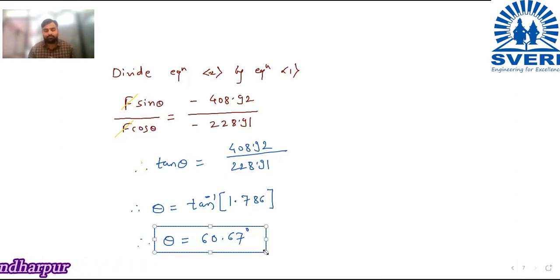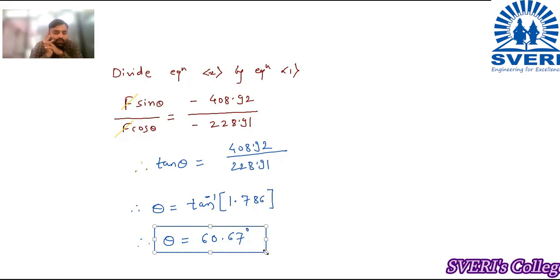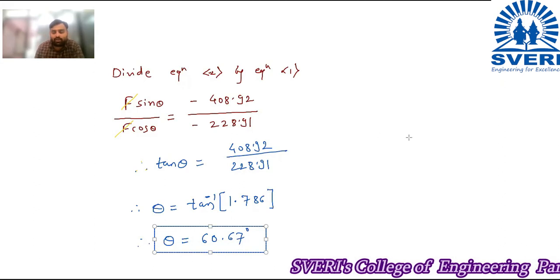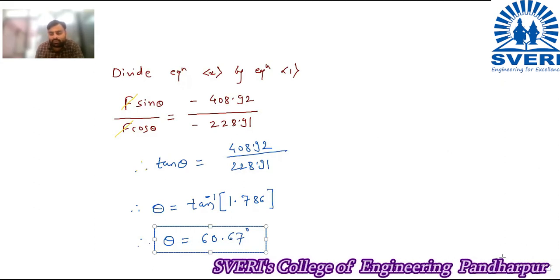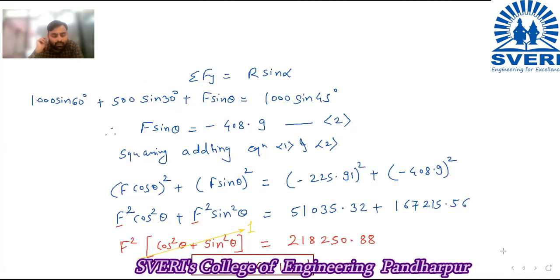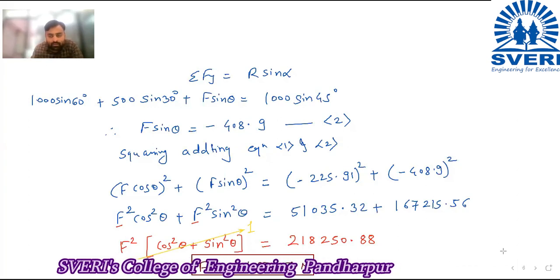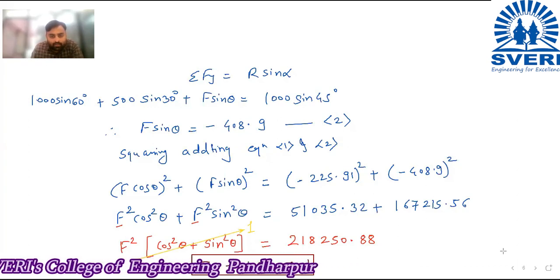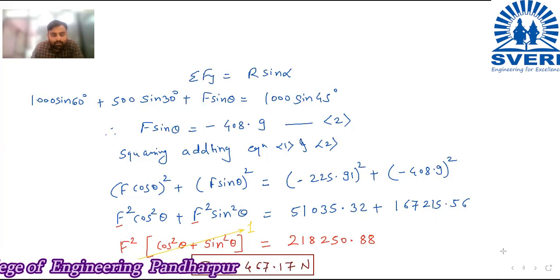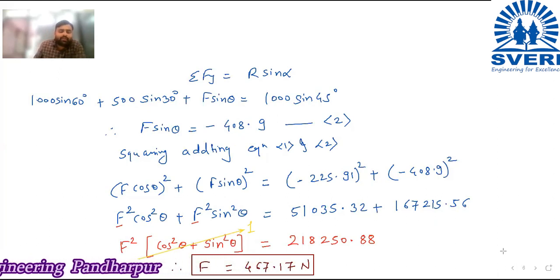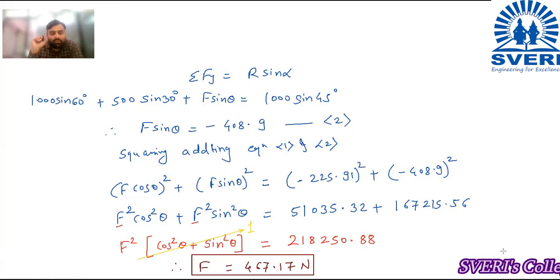Sir, I have a doubt. Should we take that f after taking the square root as plus minus, or should we take it positive? We should take this f as a positive answer, because f is nothing but the force corresponding to the resultant.